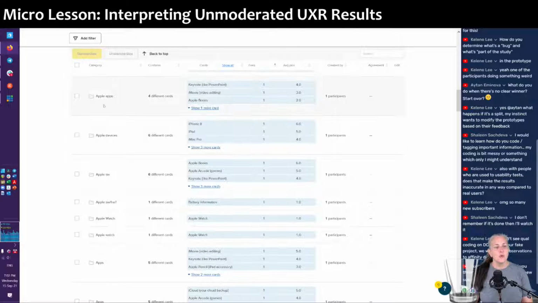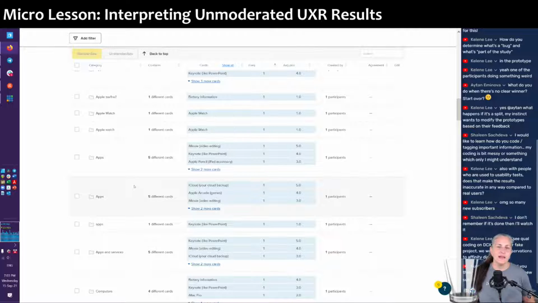Now I can see we've got apps, devices, software, so we've got some patterns here. Apple software, but then this person put in battery information. So again, I find that when I'm doing the card sort stuff and the tree test stuff, even though Optimal Workshop has done a lot of crunching for me, there's still a lot of manual work that I do to take a look at this and try to interpret it.